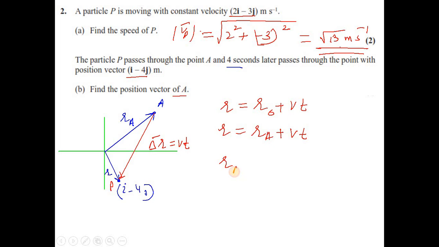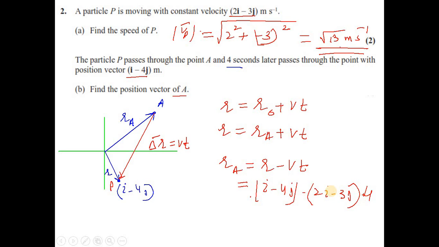So Ra is equal to R minus Vt, and R is i minus 4j, minus the velocity vector, which is 2i minus 3j, times t, which is 4 seconds.